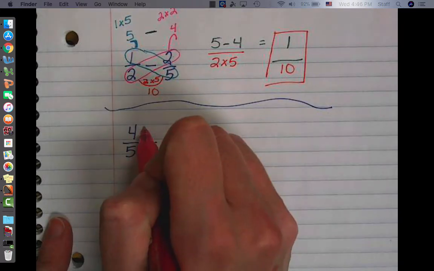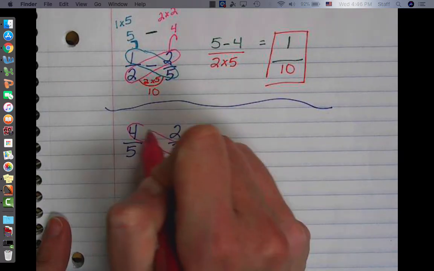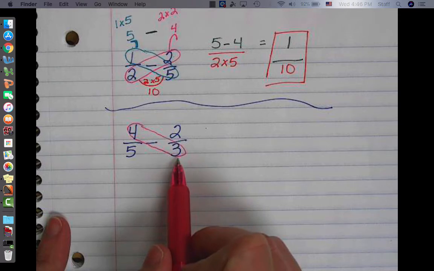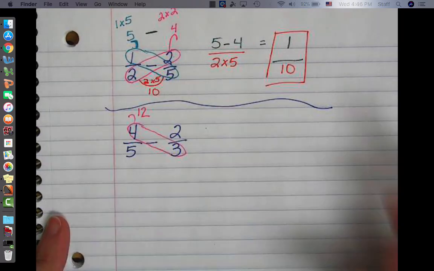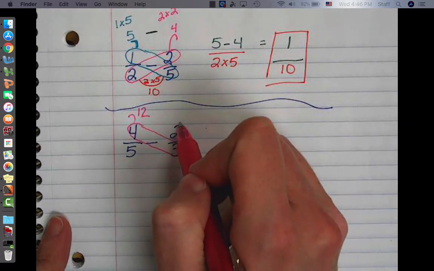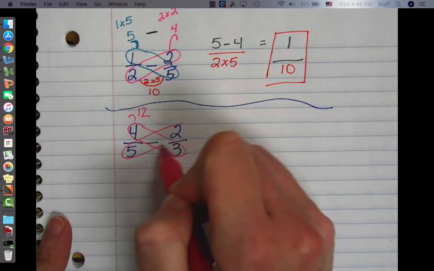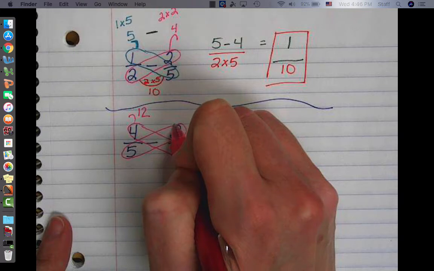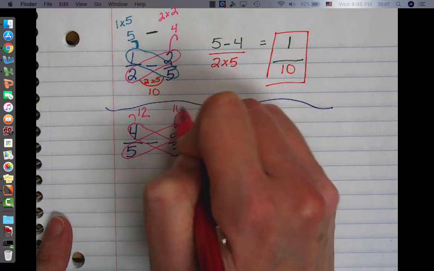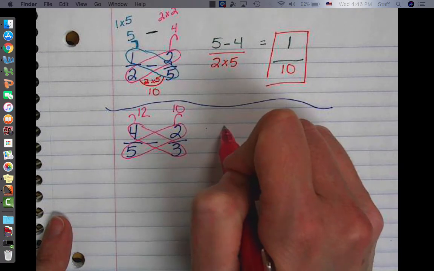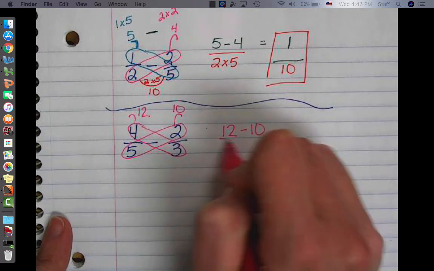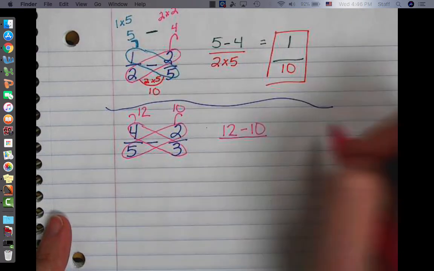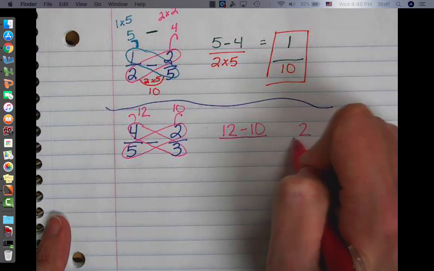Okay, so we're going to take our first butterfly wing. We have our 4 times our 3, which ends up giving us our 12. Okay, and then we have our 5 times our 2, which gives us our 10. And to give us our numerator, we're going to take our 12 minus our 10, which gives us 2.